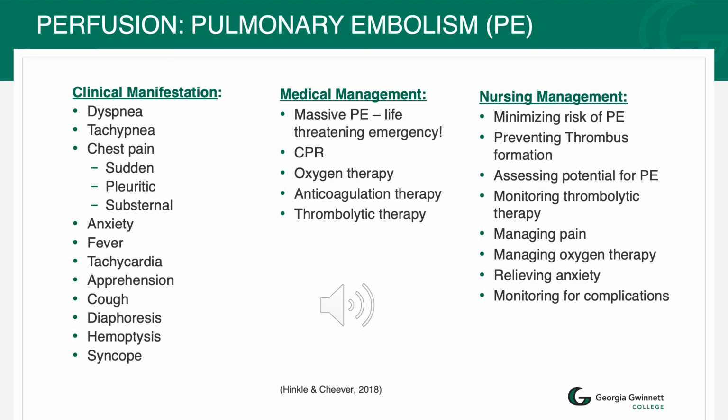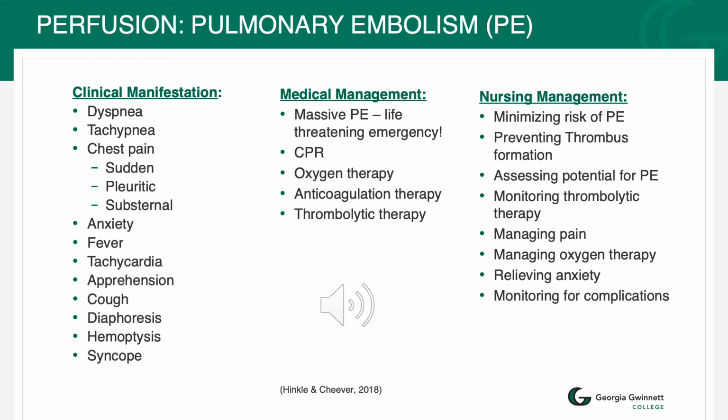So they have dyspnea, they have tachypnea, they're breathing fast, they have this sudden pleuritic substernal chest pain unlike any other. They're very anxious, and apprehension sets in because they cannot breathe. They're very scared. Their heart rate goes up. They can have coughing, which possibly can include coughing up blood.